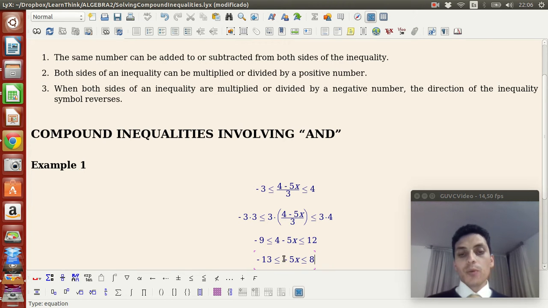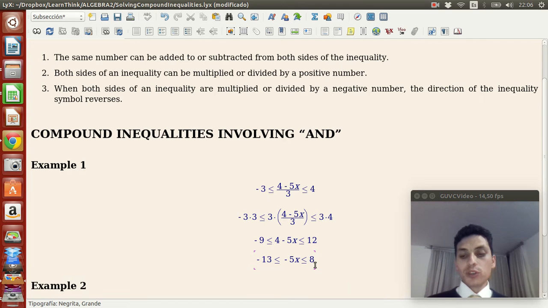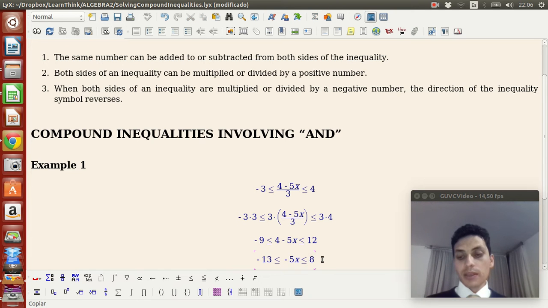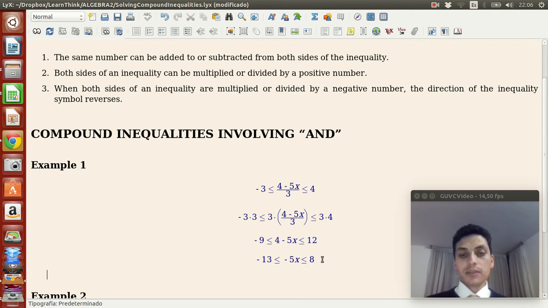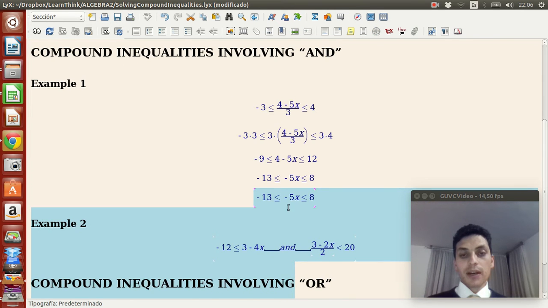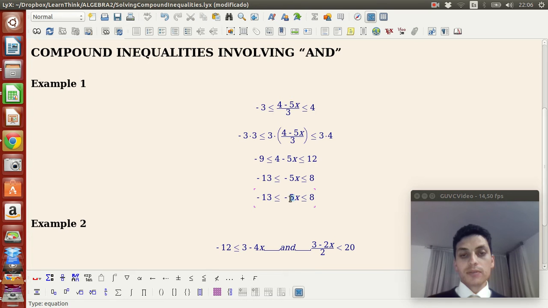Now, to solve the inequality, we have to divide by minus 5. But it's a negative number.